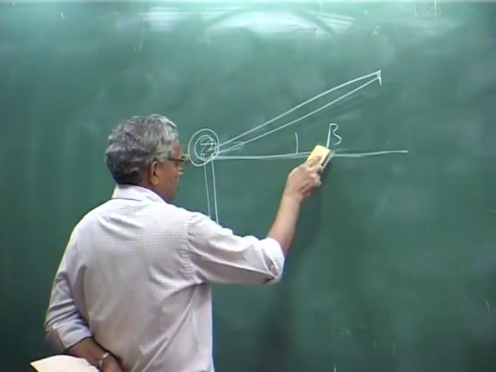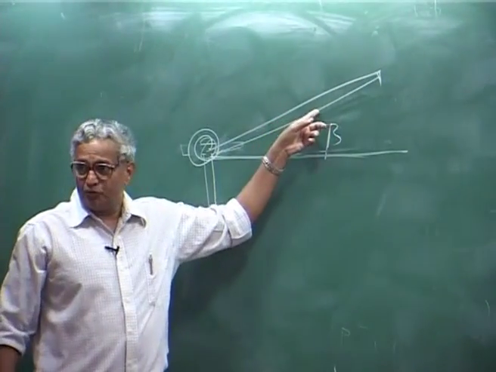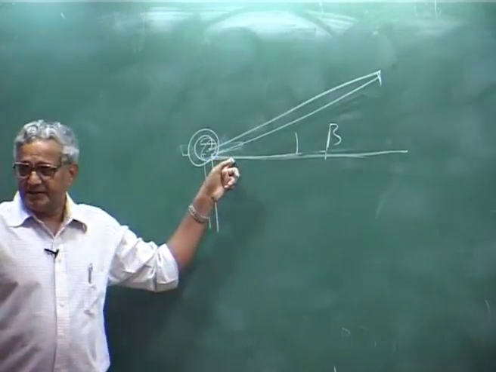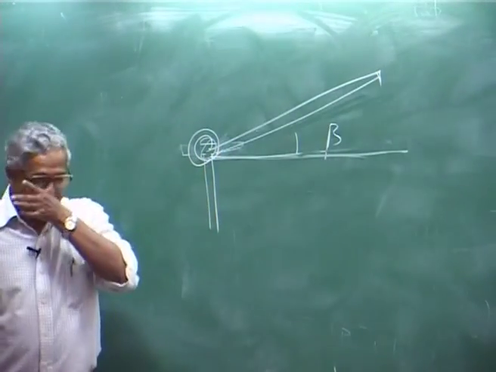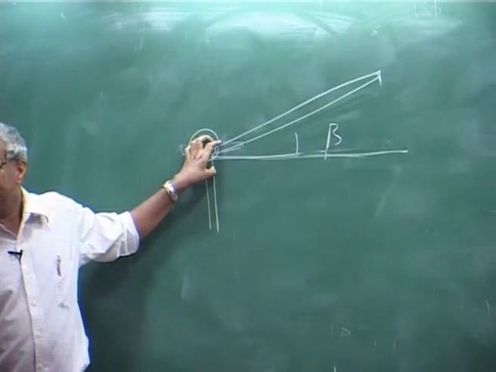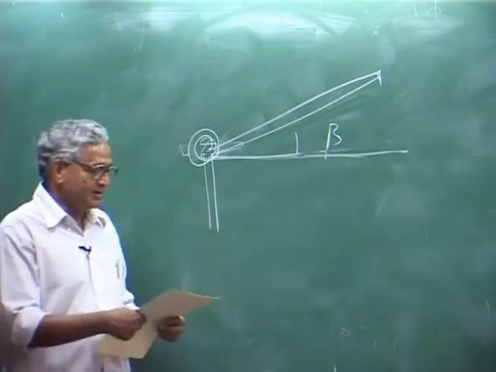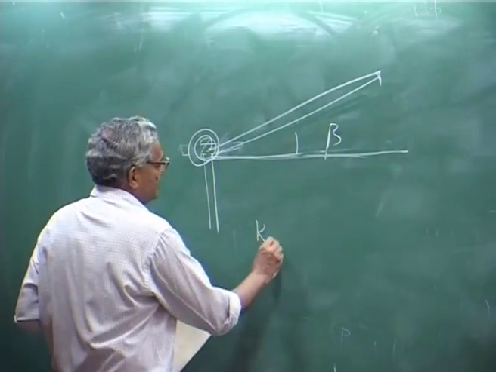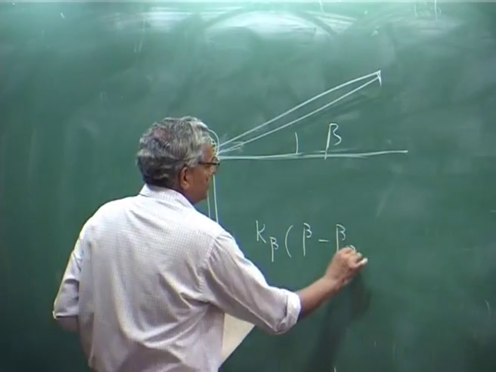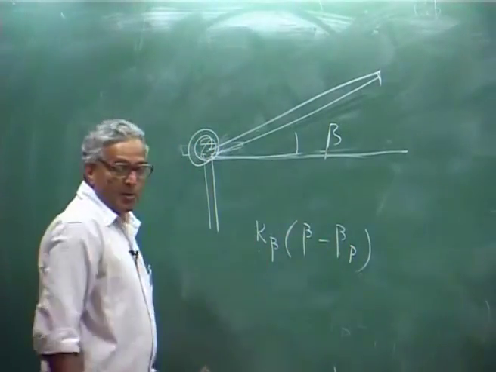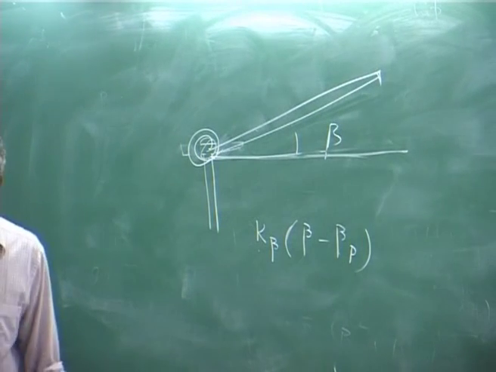One way is you calculate the inertia force and aerodynamic force, integrate, and get that. Another way is to ask what is the deformation of the spring. The deformation of the spring is, we said, k beta into beta p. This is the moment due to the deformation, and that is acting at the hub.